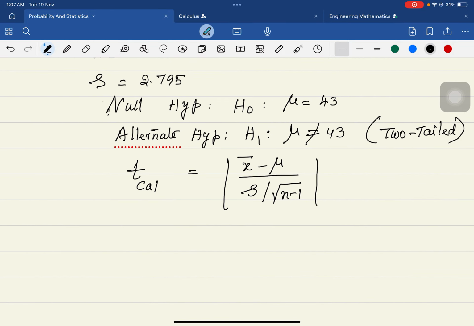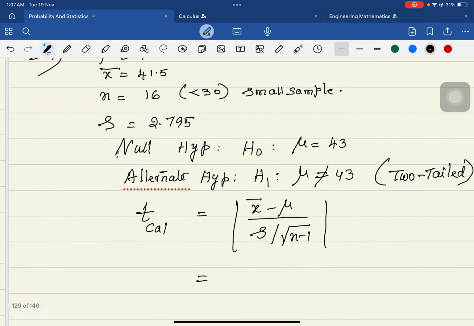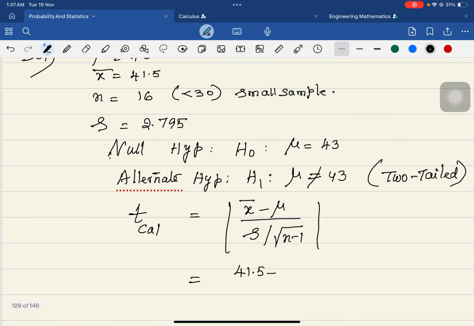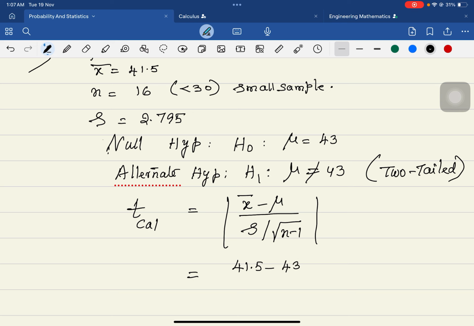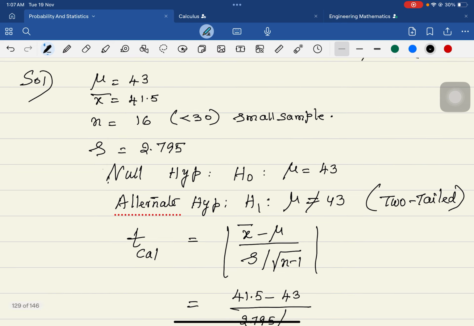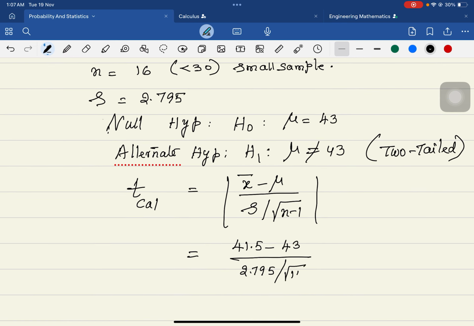So now all these values we know already. x bar is 41.5 and mu is 43, over standard deviation 2.795 divided by root of n, where n is 16, so 16 minus 1 is 15.